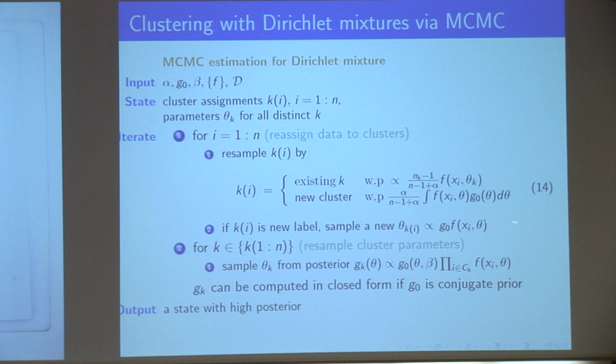That's done by collecting all the points that are in a cluster and sampling the parameters according to the likelihood times the prior, which is the posterior. Is there a normalization constant? Yes, wherever you see an alpha, there is a normalization constant. And here too.